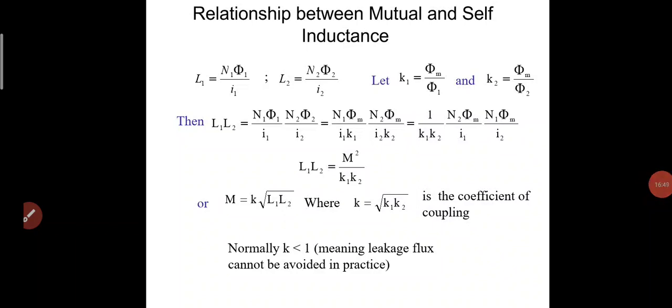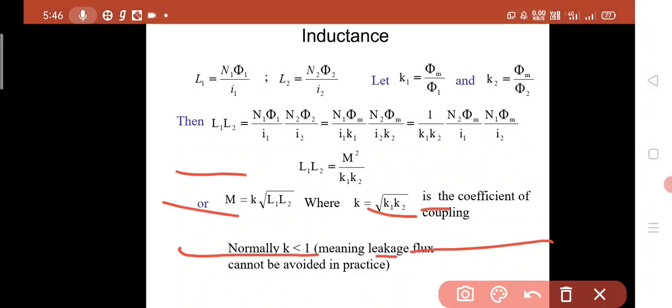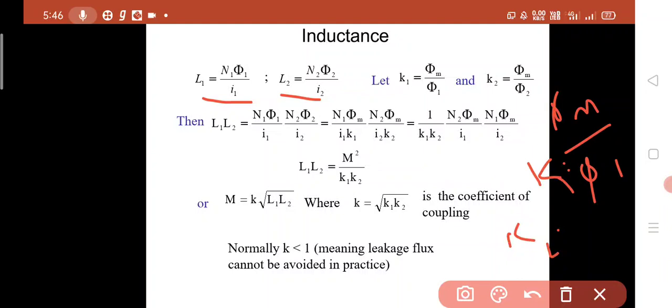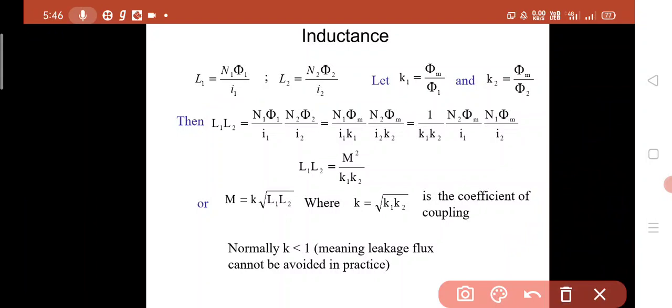Relationship between mutual and self inductance. L1 is equal to N1 phi 1 by I1, and L2 is equal to N2 phi 2 by I2. Let K1 be equal to phi M by phi 1 and K2 be equal to phi M by phi 2.